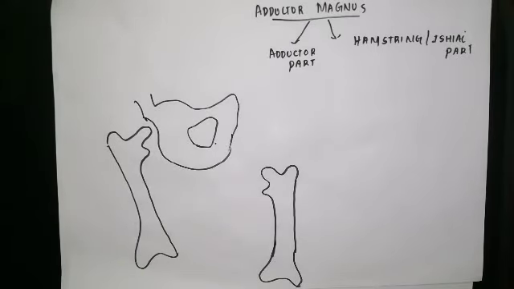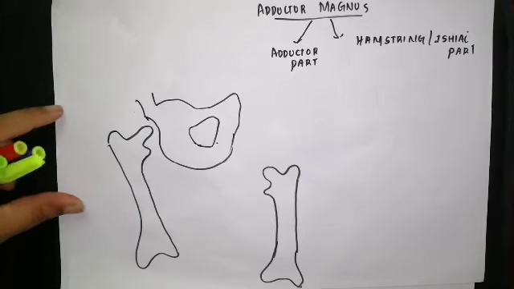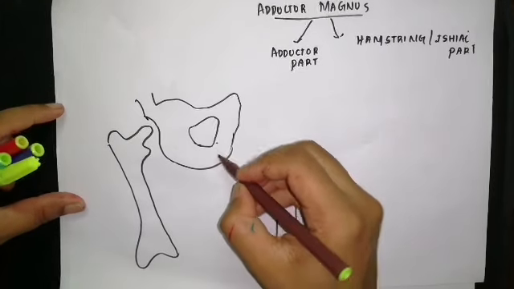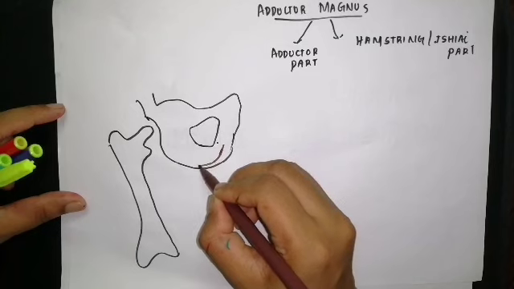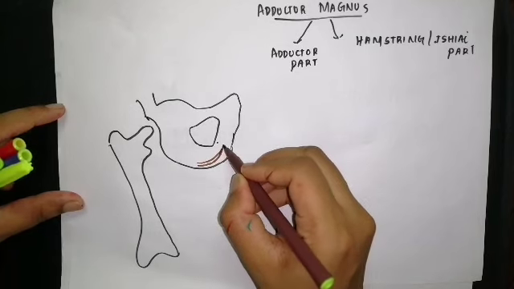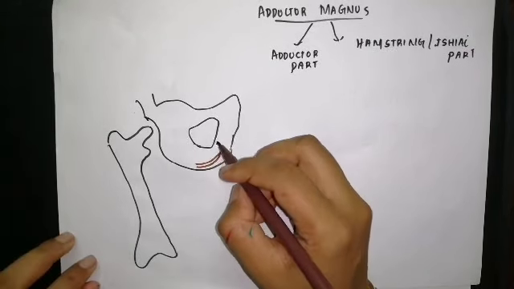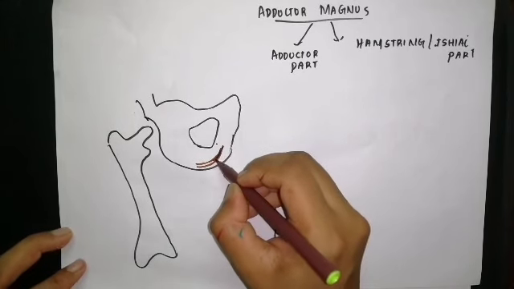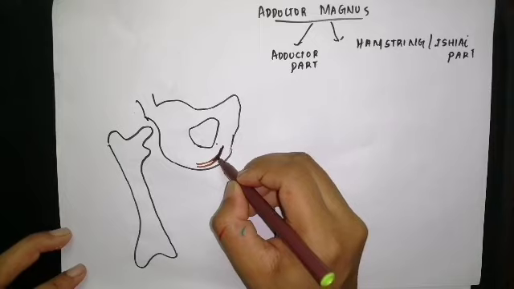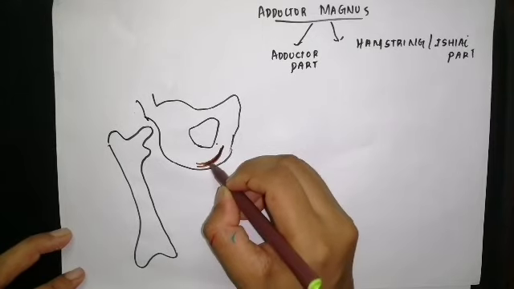Now you can see that the adductor part originates from this part, that is the inferior ramus of pubis and the ramus of ischium.